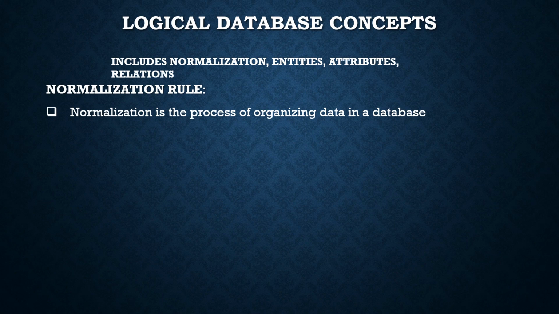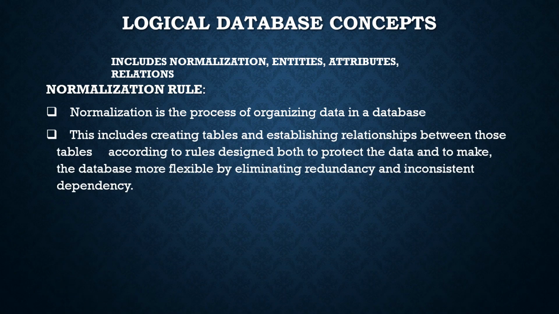In that way we have to store our data, and this includes creating tables and establishing relationships between those tables according to rules designed both to protect the data and to make the database more flexible by eliminating redundancy and inconsistent dependency. Eliminating redundancy means eliminating duplicate items and duplicate rows.